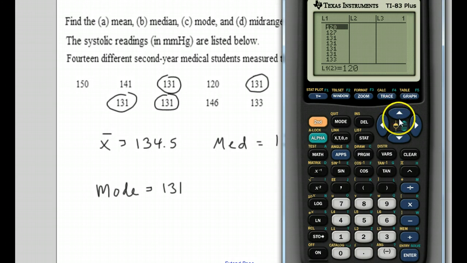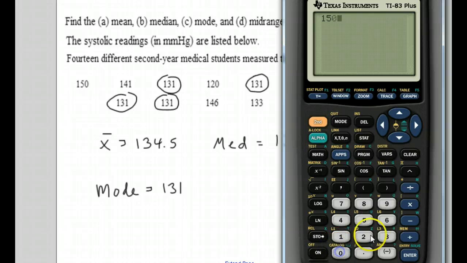Alright, now the mid-range, I need the largest and the smallest. So the smallest is one of these 2 120s. Alright, the largest is 150. So if I take the 150, add the 120 to it, I get 270, and then divide that by 2, I get 135.